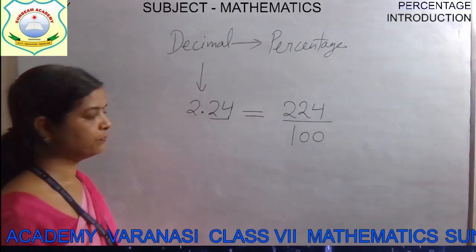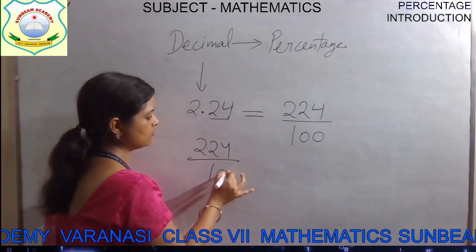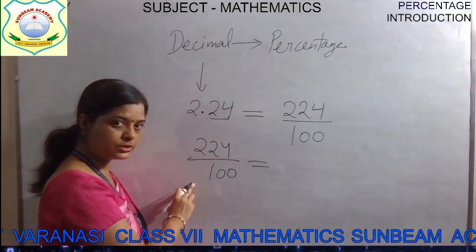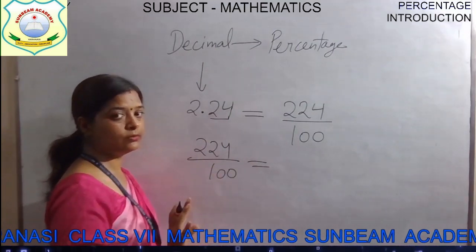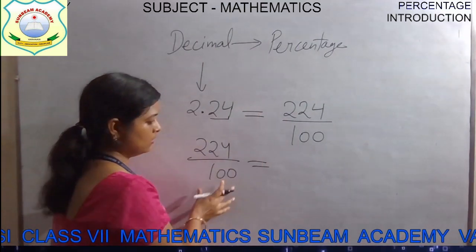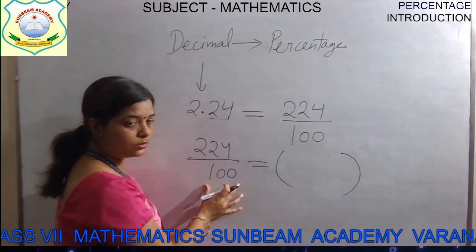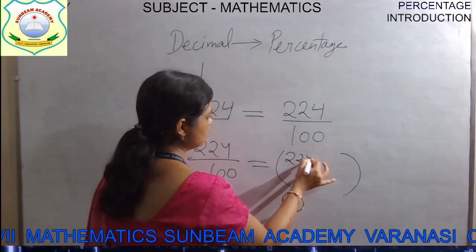Let's see how. Now how to convert the fraction into percentage? What has ma'am told you? Children, no need to simplify. Let's see what I am doing, and then you will be clear why ma'am is not simplifying it. I will take the same fraction and multiply it with 100.